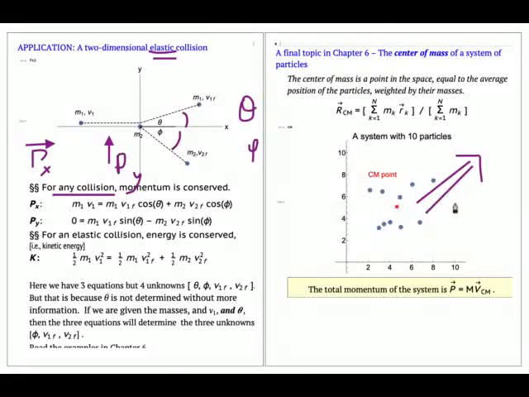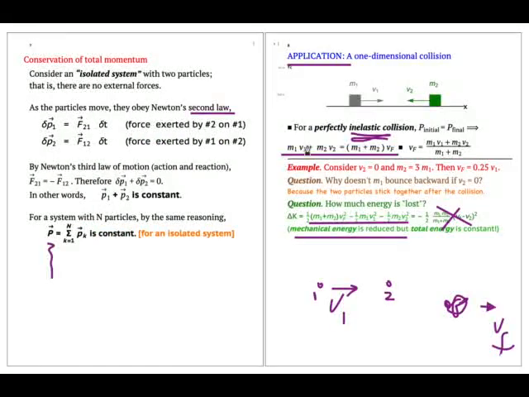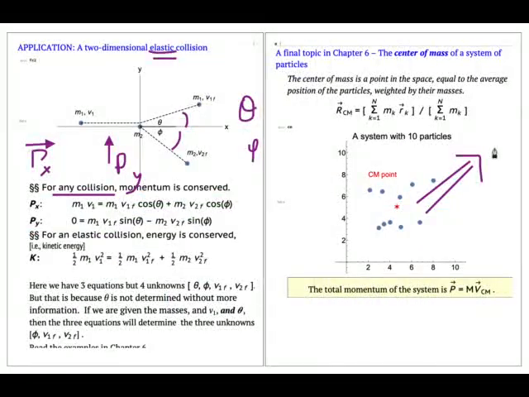It's just this isolated system. Well, the total momentum of that system will be constant as they move around. Even if the individual elements move around in different relative positions, the total momentum will be constant.